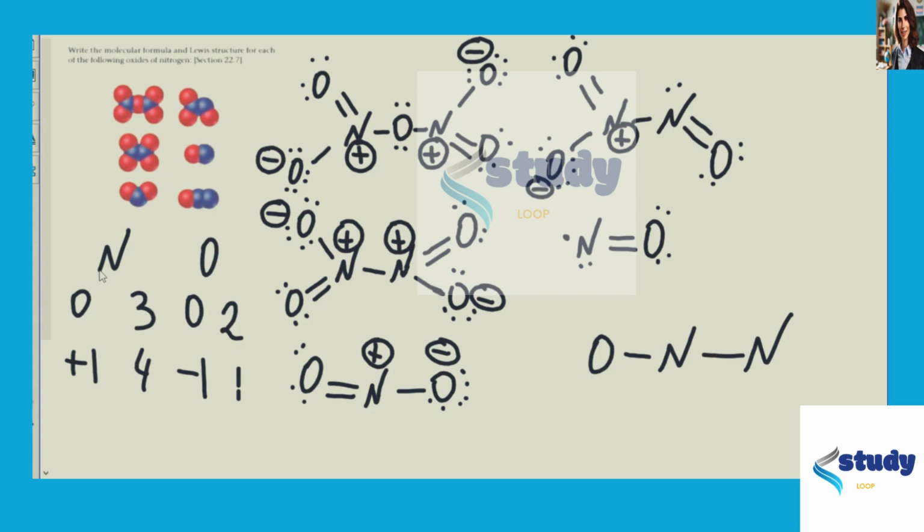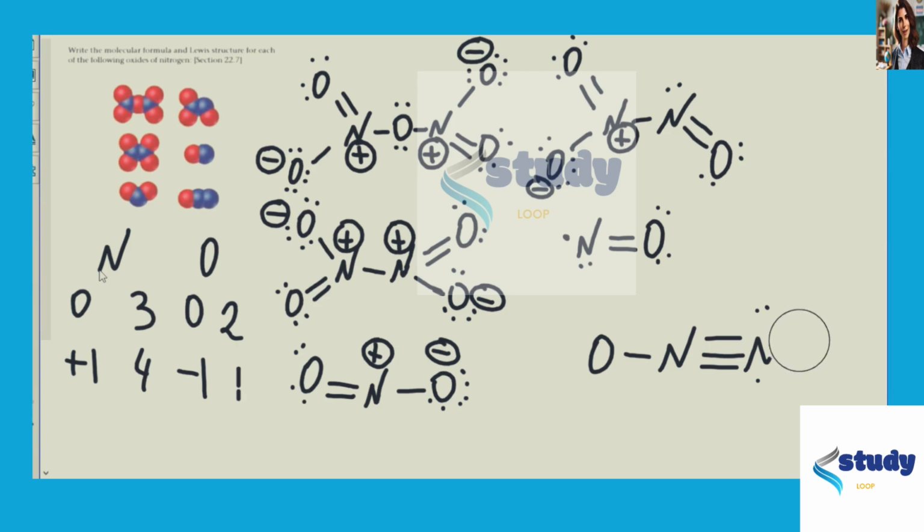And for the last one, nitrous oxide, let's put 3 bonds between nitrogens. So this nitrogen is neutral. It has 3 bonds, neutral charge, and lone pairs.